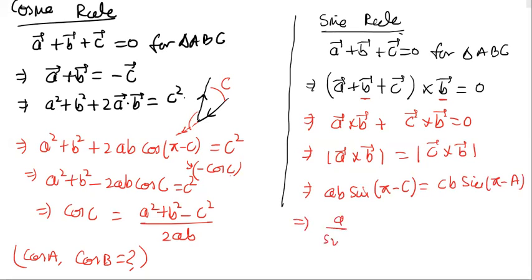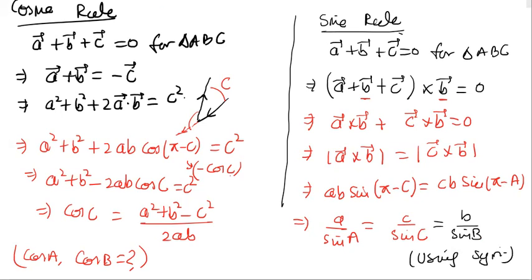So you can write a upon sine a is equal to c upon sine c, and then you can extend it using symmetry to b upon sine b. Same thing, you can start with the cross product with the c vector or the a vector. Finally we get this.